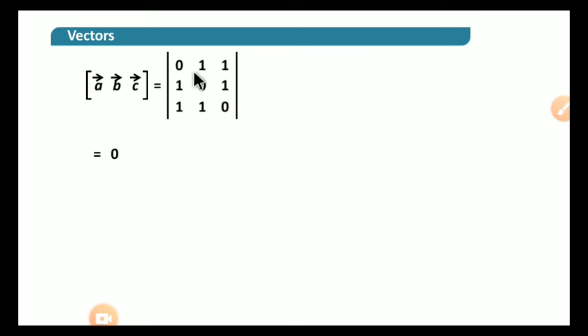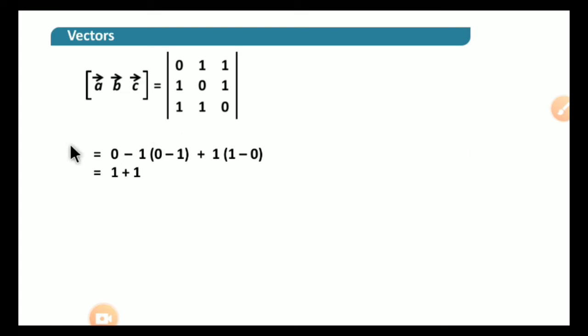Now for the simplification, consider this determinant. So 0 into this remaining determinant is again 0, so I am going to take it as 0 only. Minus 1 into the bracket of 0 into 1 is 0, minus 1 into 1 is minus 1. Again plus 1 into the bracket of 1 into 1 is 1 and 0 into 0 is 0.